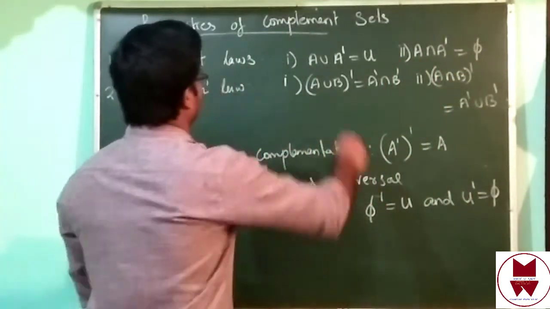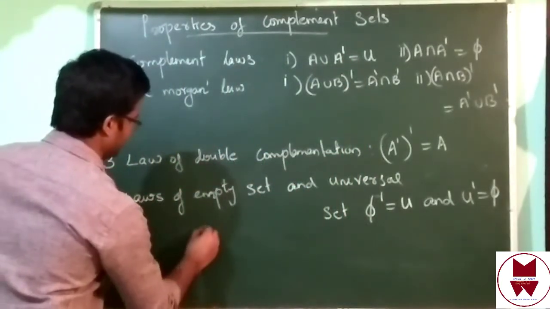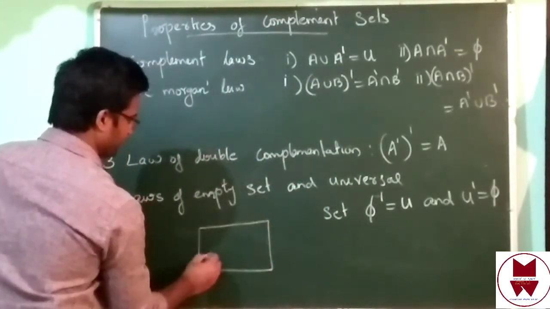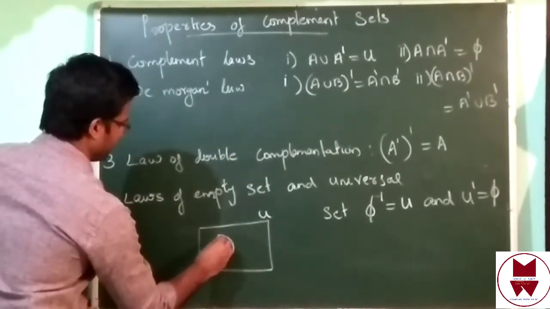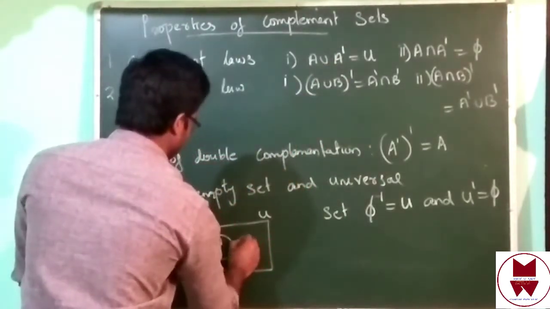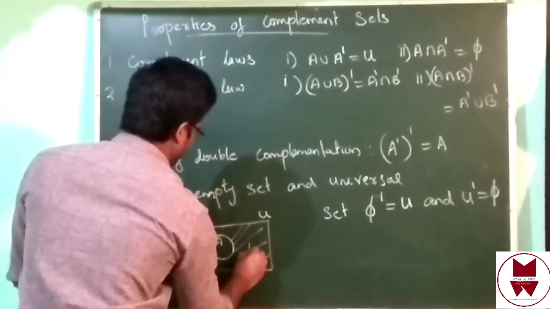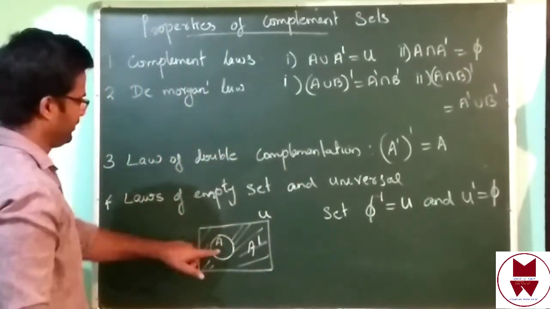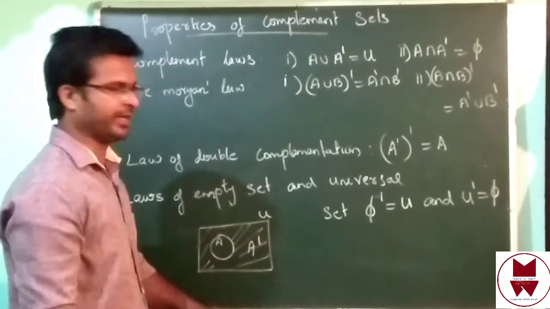First we can see A union A complement using a Venn diagram. This is the universal set, and this is set A. Then A complement means this shaded region, the outside part, where A is not included. The unshaded region is set A, and the shaded region is A complement.